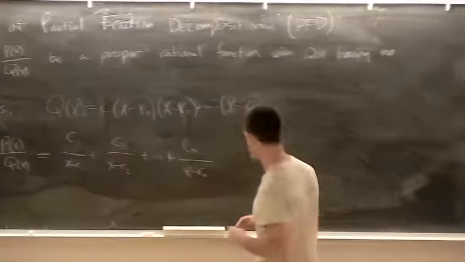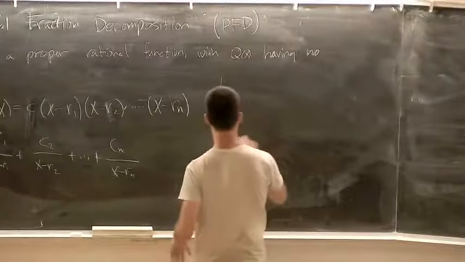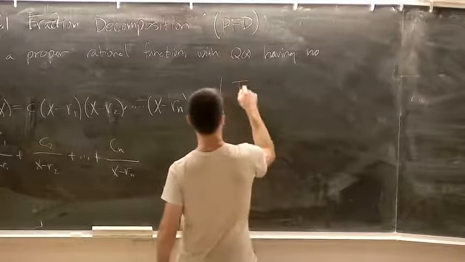Yeah, I mean, the way that you do it is you clear all the denominators and you equate coefficients, because you'll have polynomials on the left and polynomials on the right. Okay, so let me just say that.